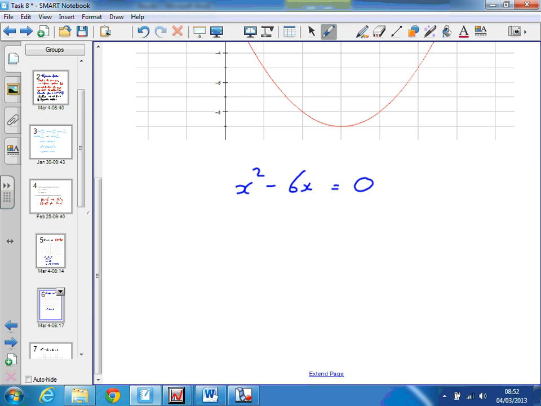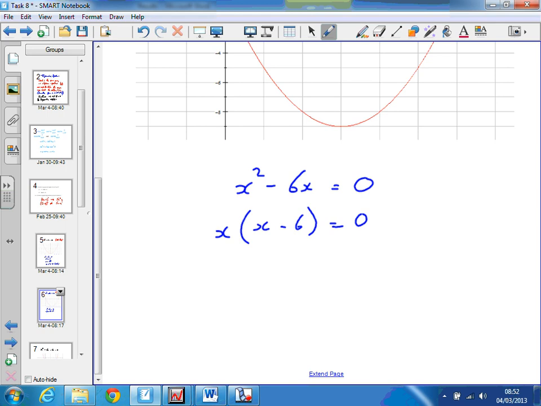Begins in F. Factorize. What can we take outside a bracket that's common to both of these terms? Yeah. x. What am I left with inside? Right. And that's always the first step when I've got a quadratic equation to solve where there's no constant. Because there's no constant, x appears in both terms, so I can factorize.